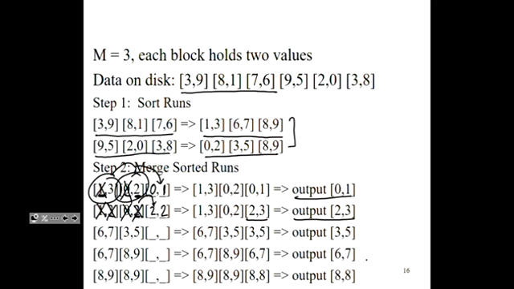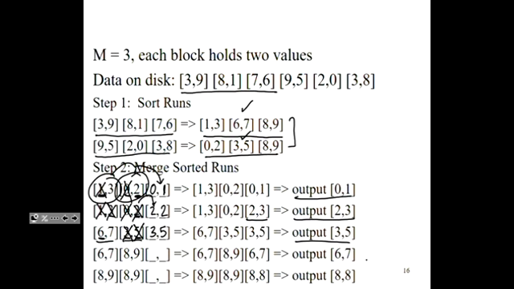Next, I'm going to bring in the second block from run 1, second block from run 2. So I have 6, 7, and 3, 5. I'm going to look at the heads of those 2 lists. It looks like 3 is smaller, so I'm going to process 3, put it in the output. Now I'm going to look at 5 and 6. 5 is smaller, so I'm going to put it in the output. Go ahead and output 3, 5.